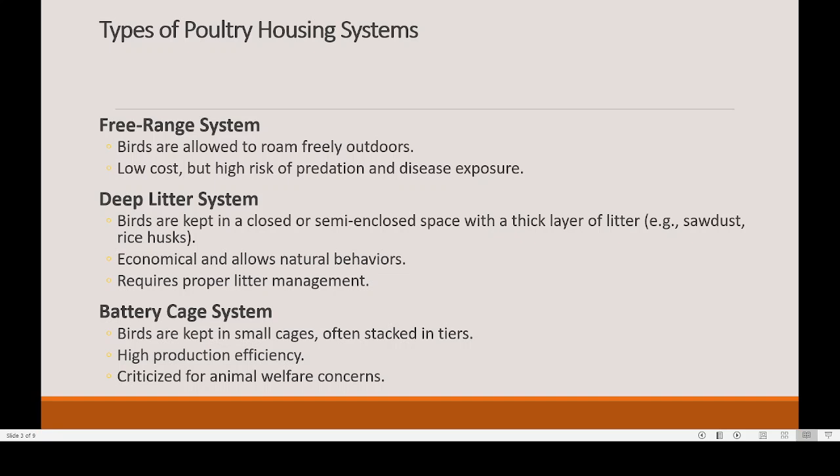Then the deep litter system. Birds are kept in a closed or semi-enclosed space with a thick layer of litter. That kind of system is known as a deep litter system. We will find a picture for that.